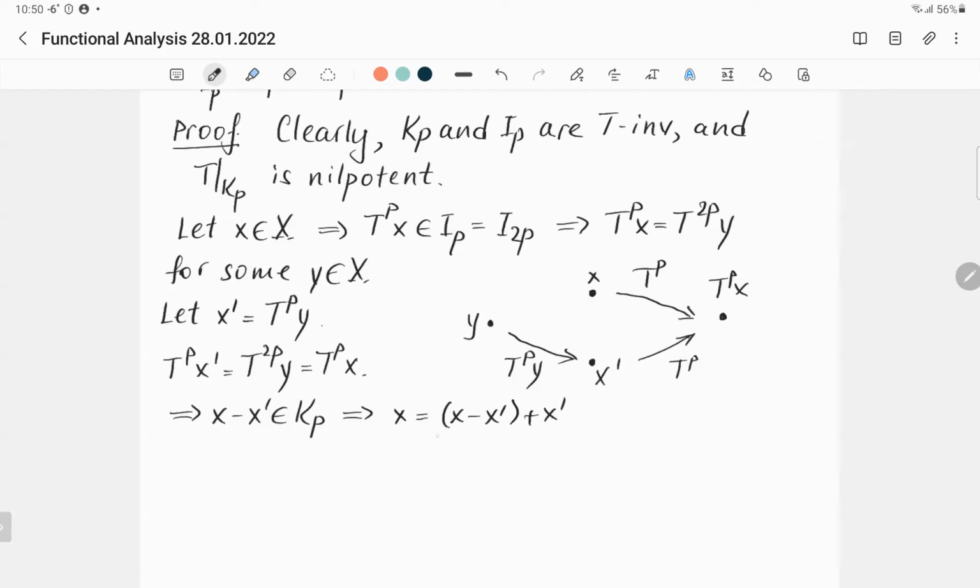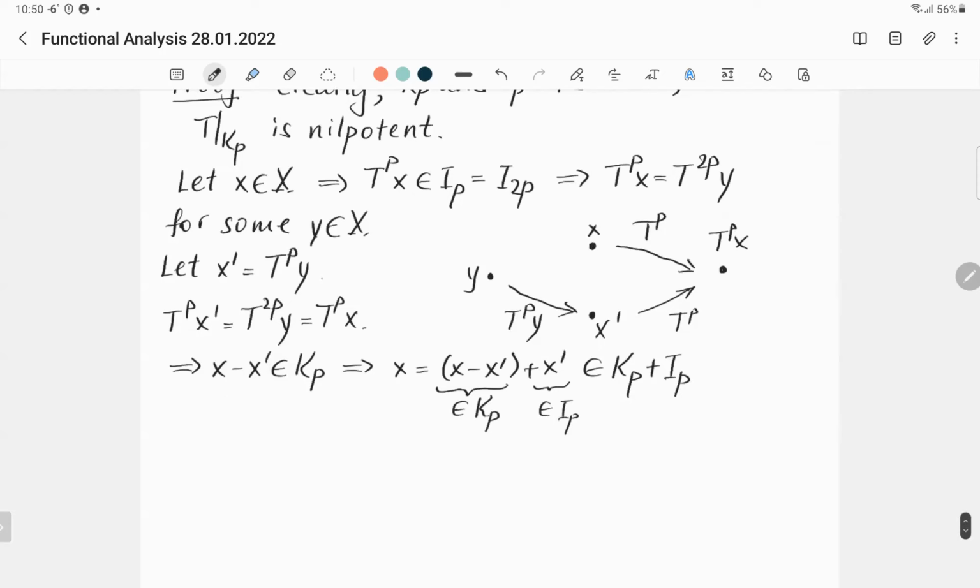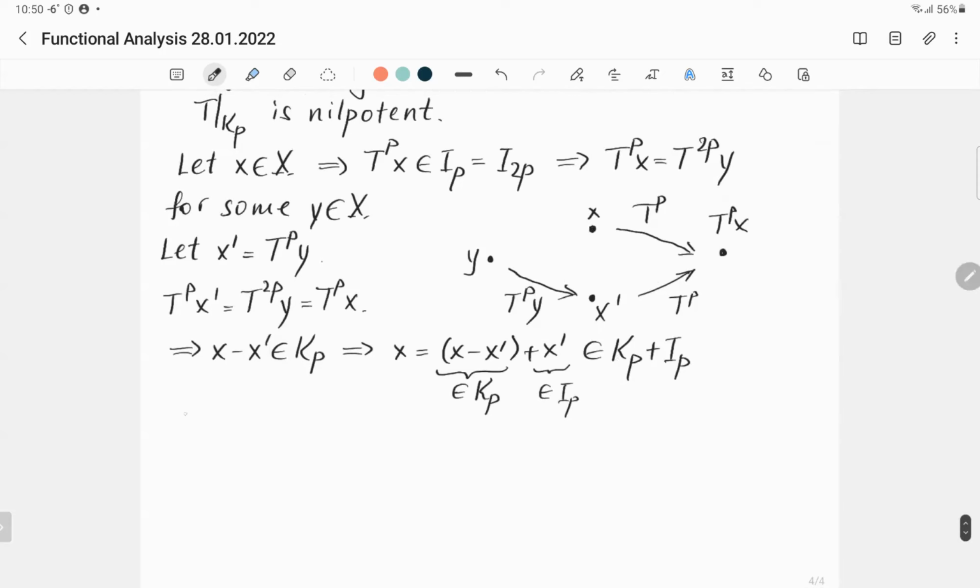So we know that x minus x prime sits in Kp, and by construction, x prime sits in Ip. So we see that x belongs to the sum of Kp and Ip, and since little x was arbitrary, we conclude that the space X is the sum of Kp and Ip.